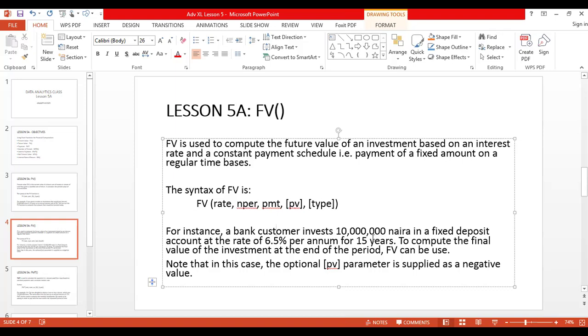Okay, so what is the value of PV here? 10 million. Thank you. Number of periods is 15, 6.5%.